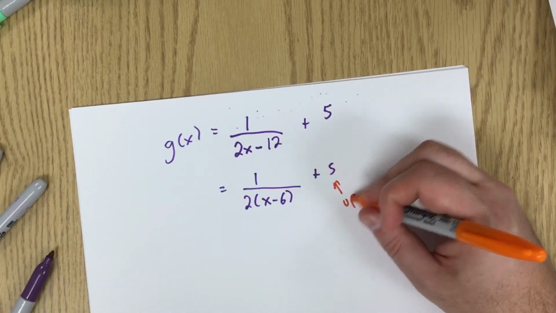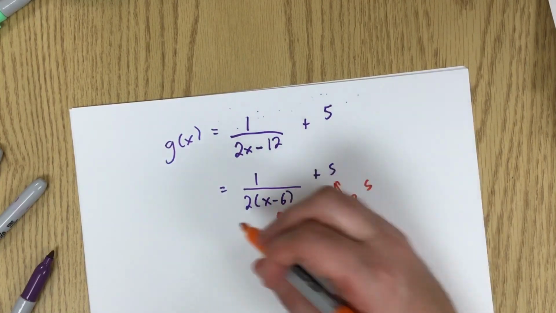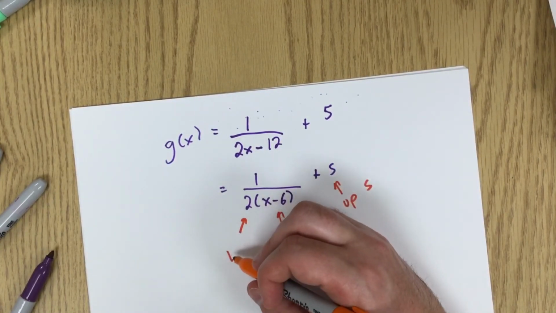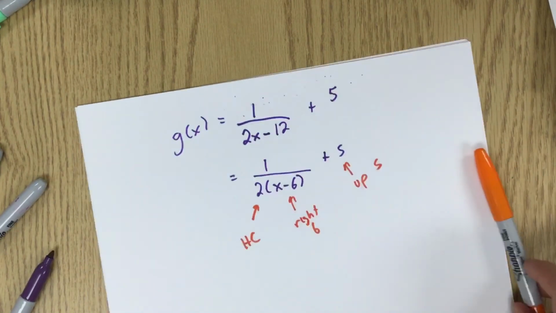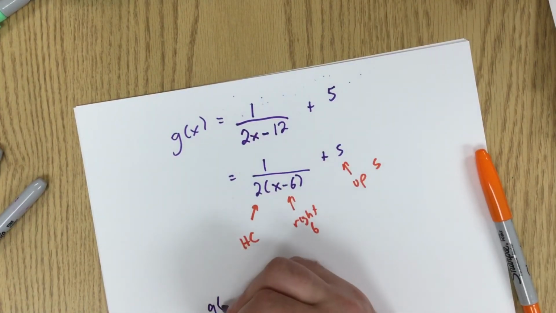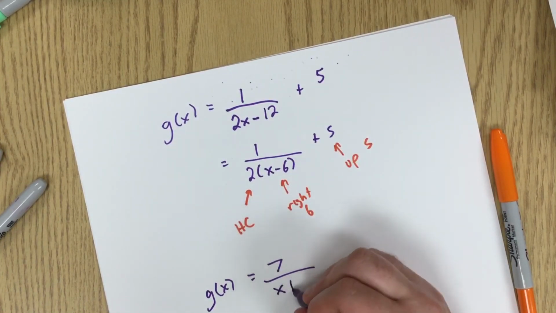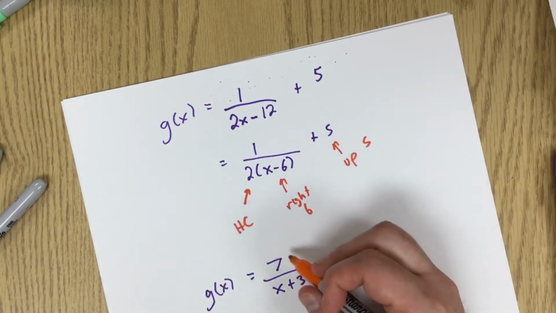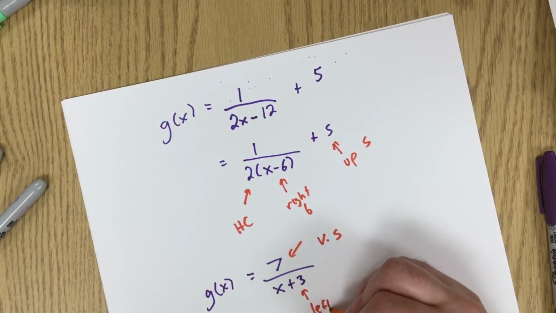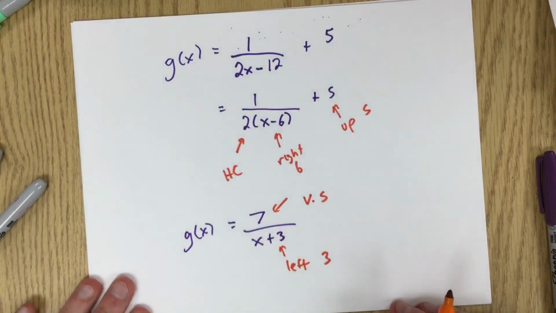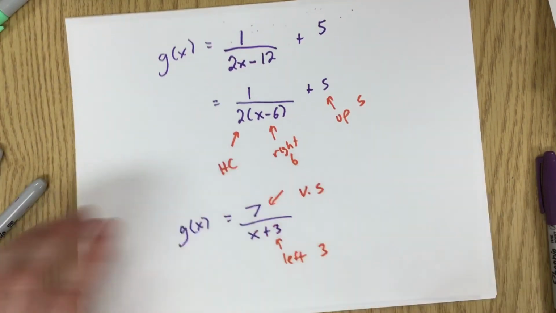This is going to be up 5, right 6, and that is, it's on the bottom, so that's going to be a horizontal compression. If we had something like this, that would be a vertical stretch and left 3. And so these can be combined in many different ways with many of the base functions. And that's roughly the idea.